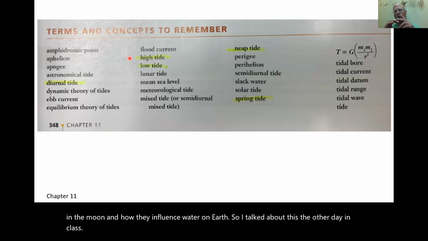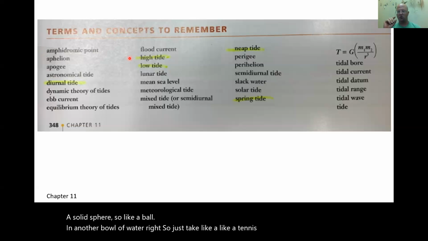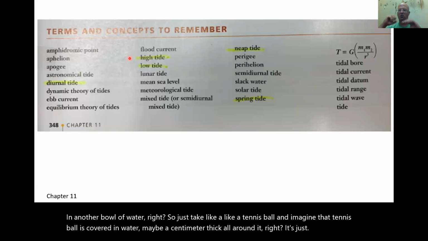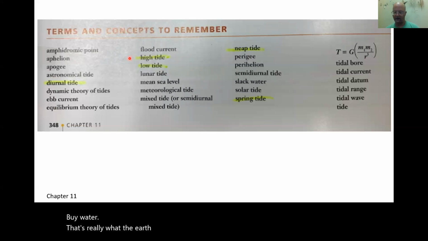The way I kind of think of Earth is a solid sphere, like a ball, surrounded in another ball of water. Just take a tennis ball and imagine that tennis ball is covered in water, maybe a centimeter thick, all around it. It's a tennis ball surrounded by water. That's really what the Earth is, honestly.